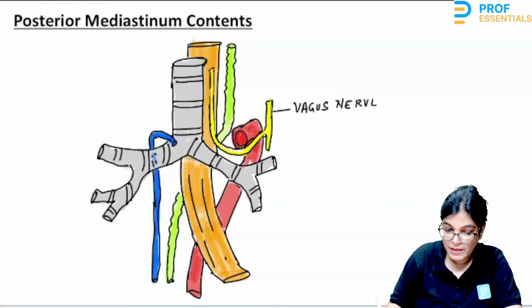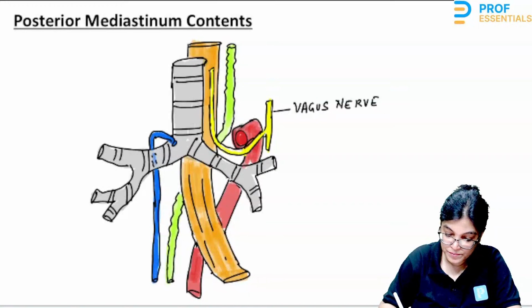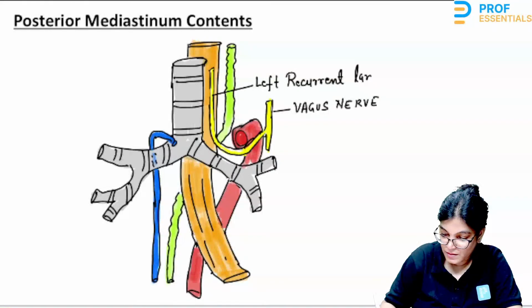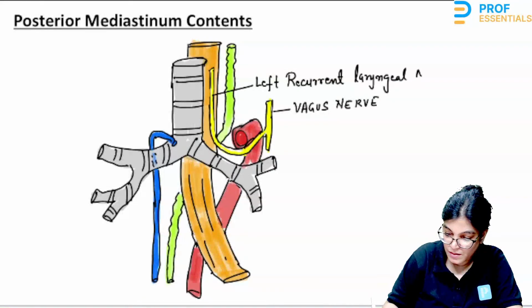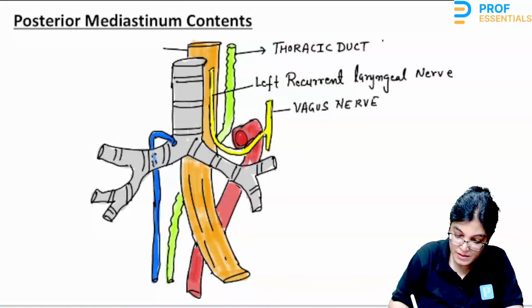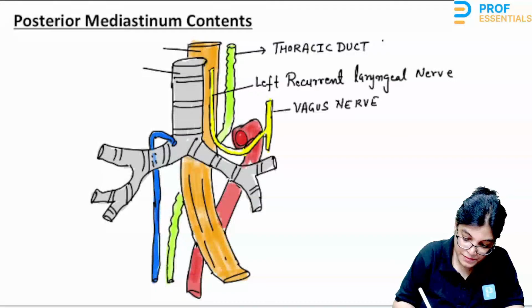This is the left recurrent laryngeal nerve, which is winding. This is the thoracic duct. This is the esophagus, this is the trachea.